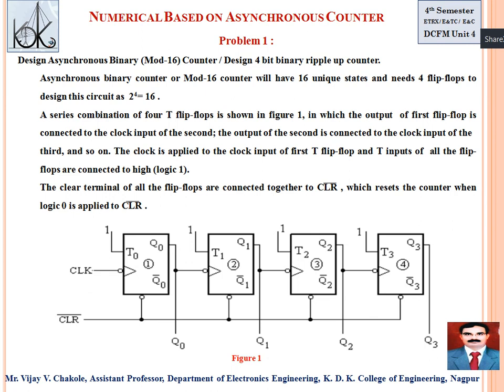And if the clock is negative edge, output taken from Q, and cascade is Q bar, then the sequence becomes down. If you want to design a 4-bit binary ripple down counter, you have to consider this combination: clock is negative, output taken from Q, and cascade is Q bar.